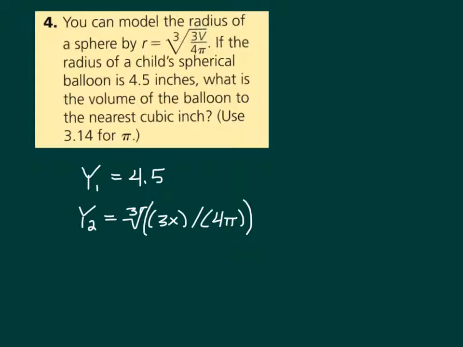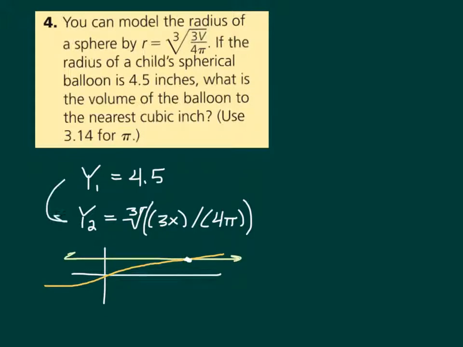When you graph this in your calculator, you are going to have to mess with your window a little bit, but once you get there, you're going to have a line at 4.5, like this, and you're going to have your cubed root graph, which is going to look something like this, and you're going to have to try and find this point of intersection.